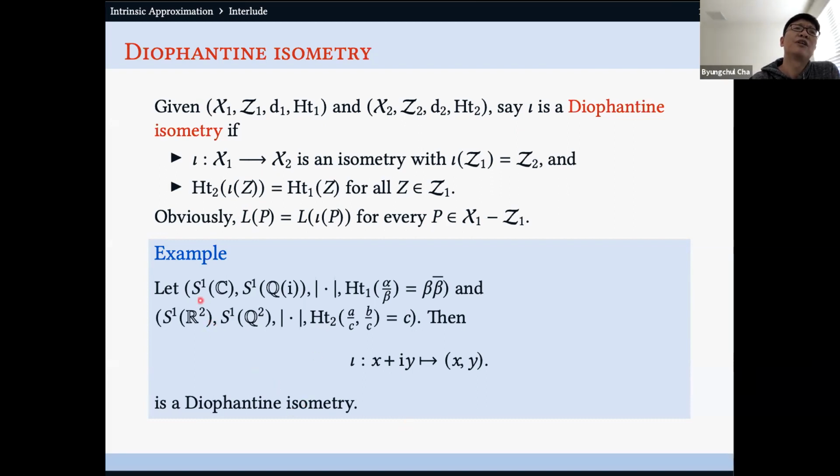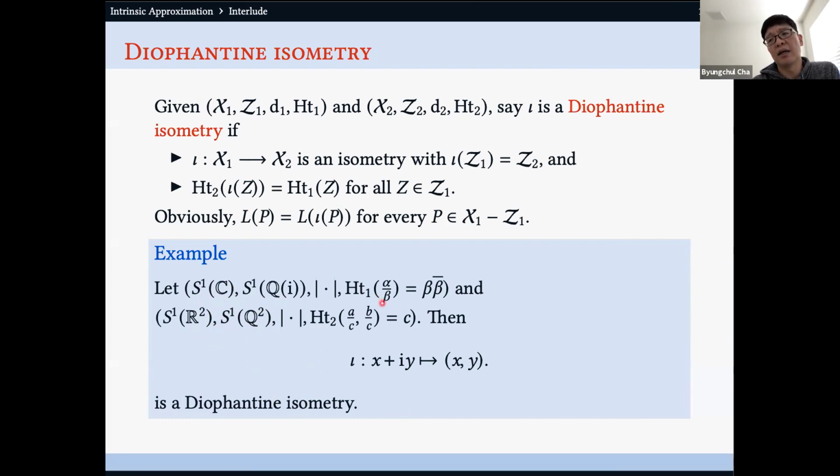If you regard the unit circle as a unit circle in the complex plane, then our rational points in R2 will simply become points defined over Q of square root of -1.